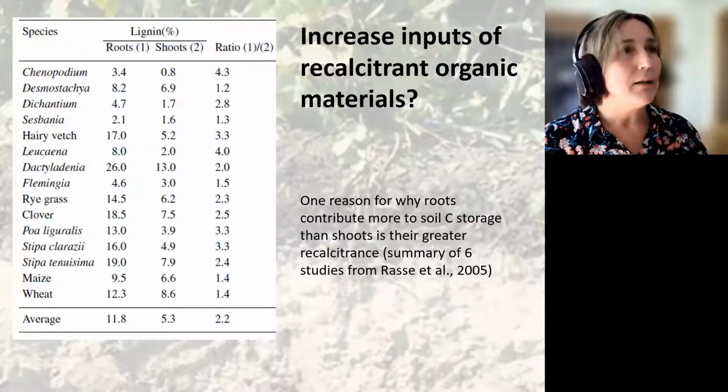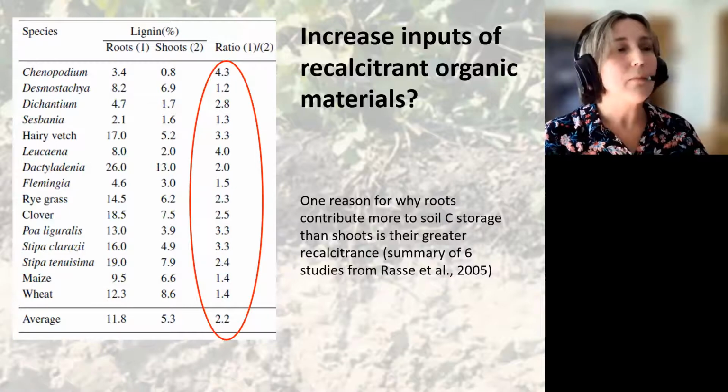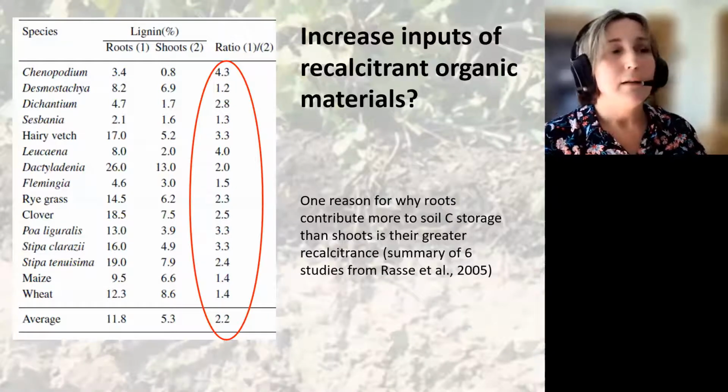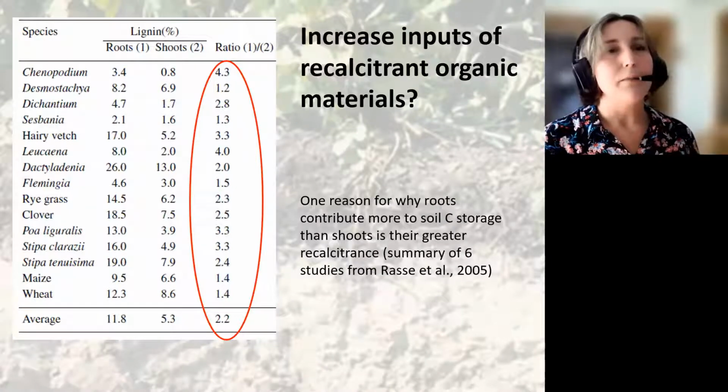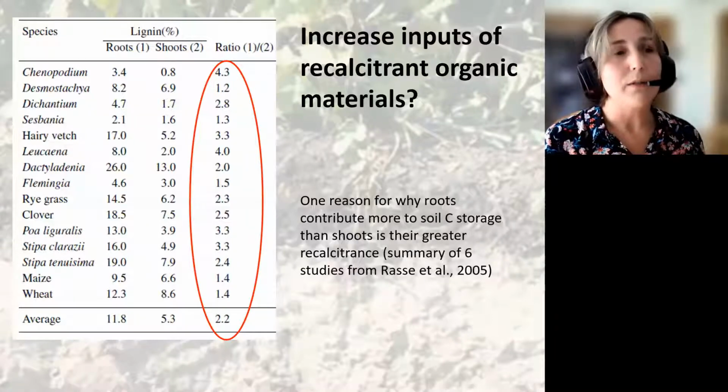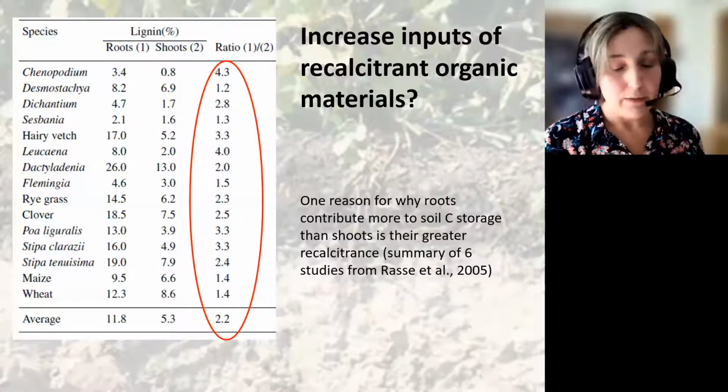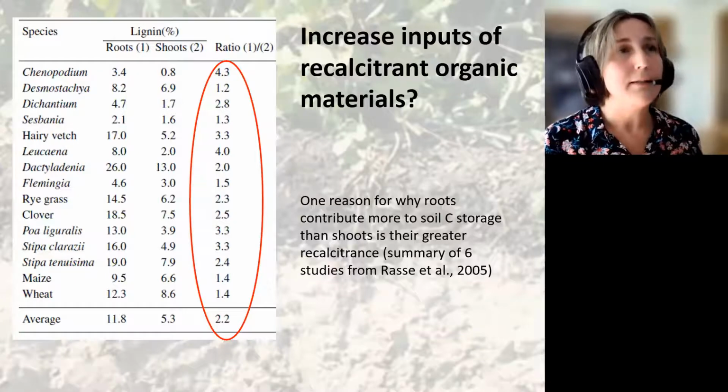In the table here are lignin contents of shoots and roots of a number of plant species. And you can see that every single species has more lignin in their roots than in their shoots. So they are more recalcitrant, yes.